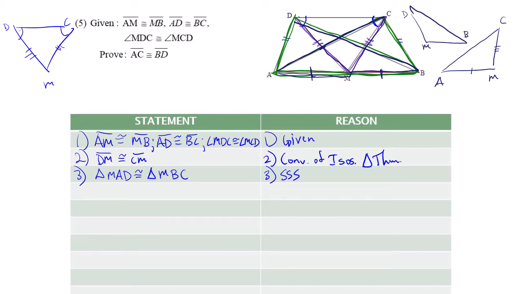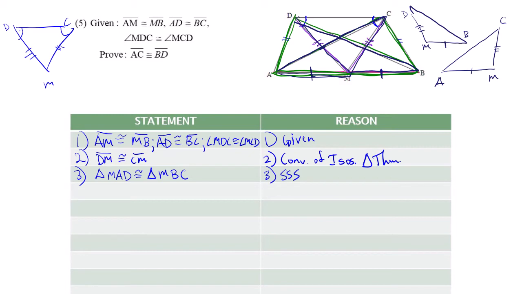With DMB, MB is congruent to AM, and DM is congruent to CM. Okay, all right, so now if we can prove that M is congruent to M, we can prove that the triangles are congruent, right? And then we can prove that AC and DB are congruent.